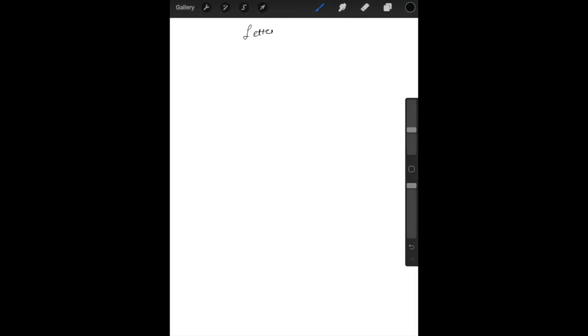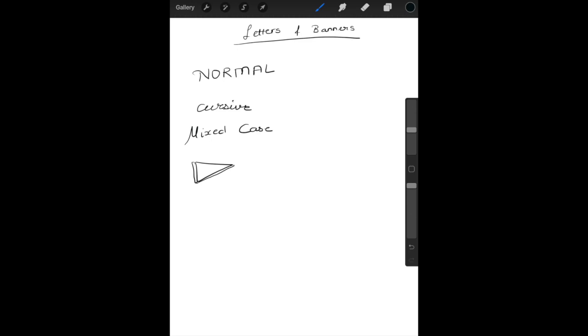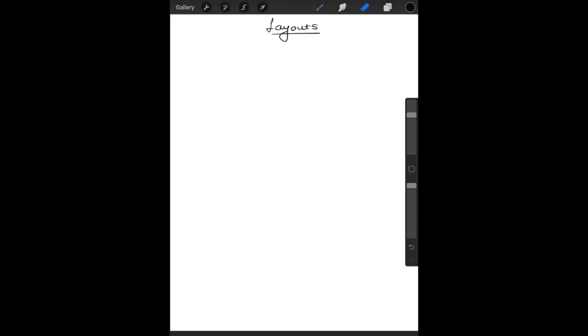And then the next step is letters and banners. So I'm just going to sketch a few lettering techniques. And then the final thing is layouts.